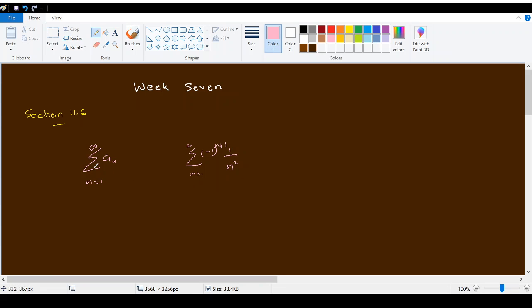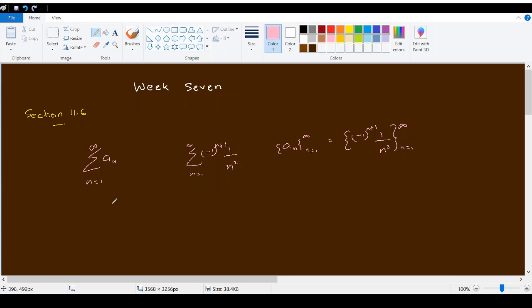If we relate this series to the general format, then an will be the sequence of negative 1 to the power n plus 1, 1 over n squared, and n starts at 1.